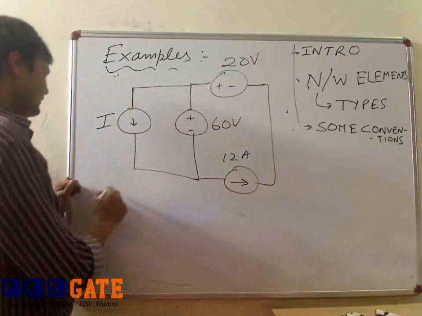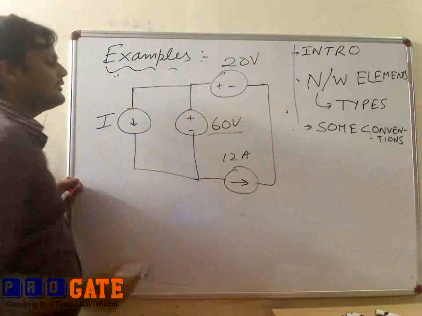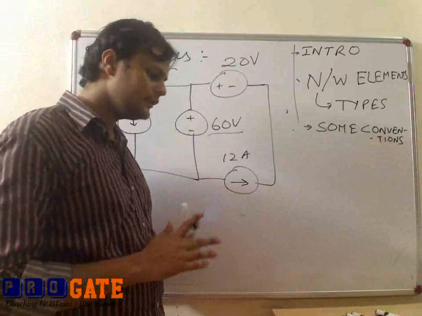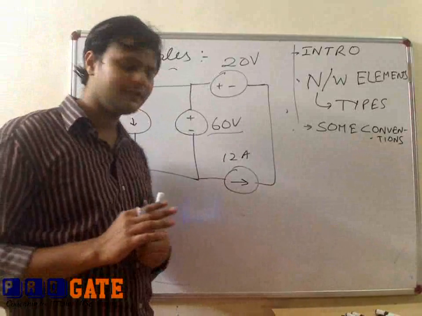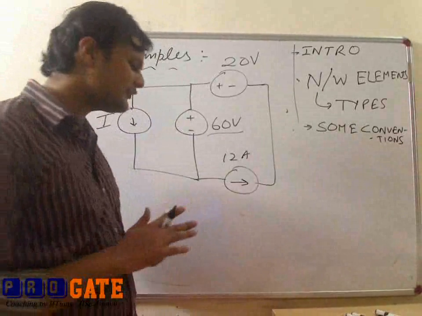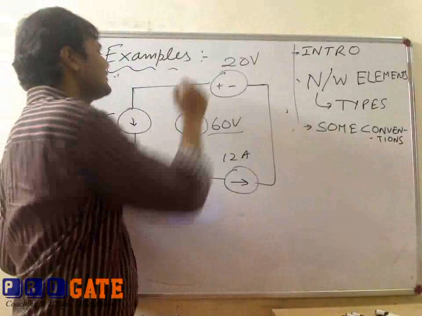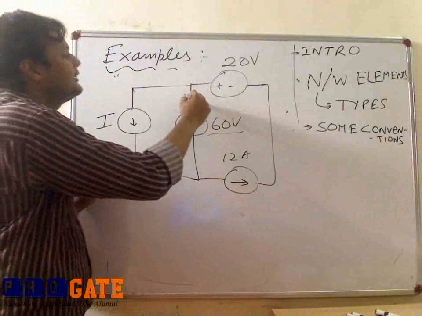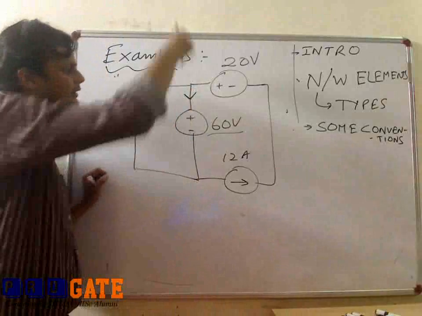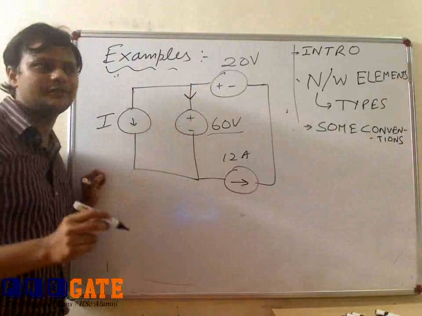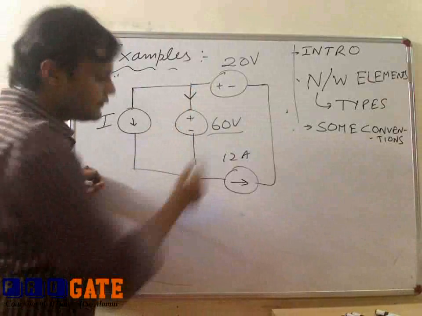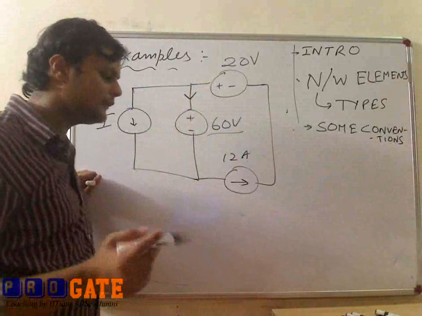And it is known that this 60 volt source is absorbing the power. This is given in the question. It means the direction of the current is incoming to the positive terminal of the source. So this 60 volt source is absorbing the power.